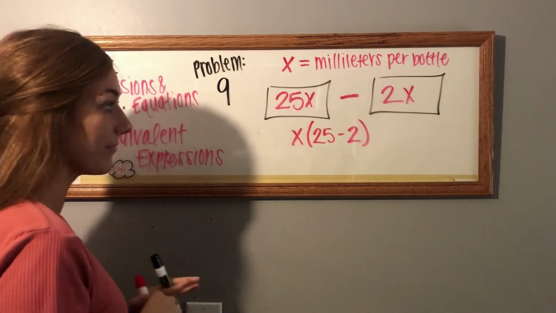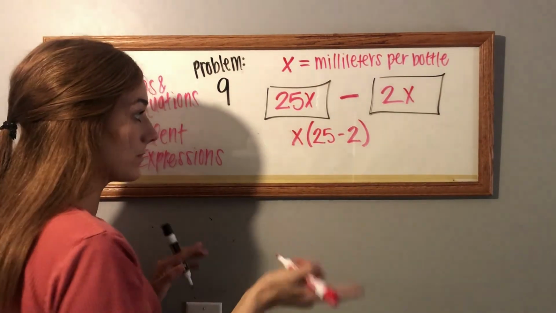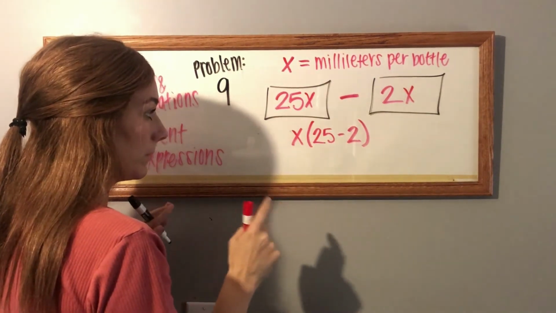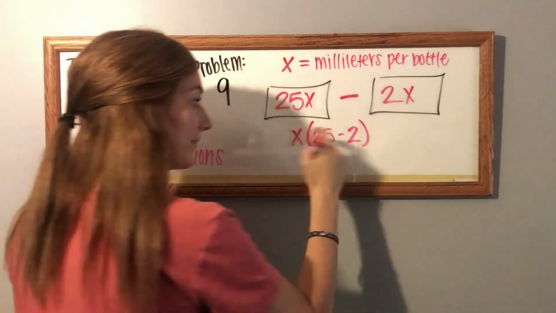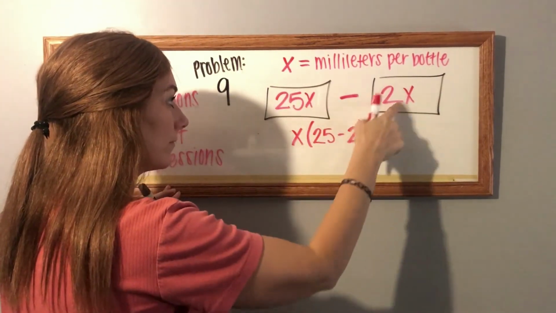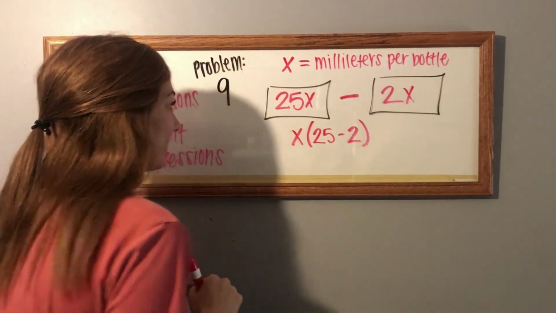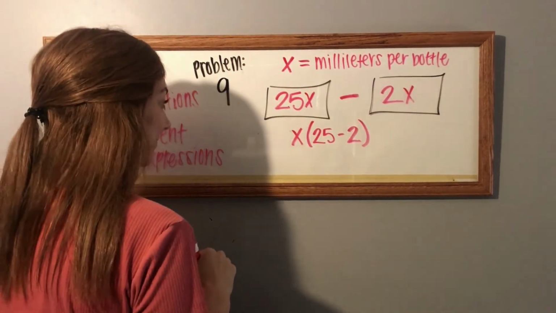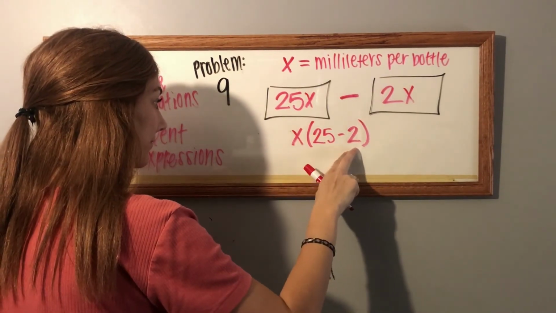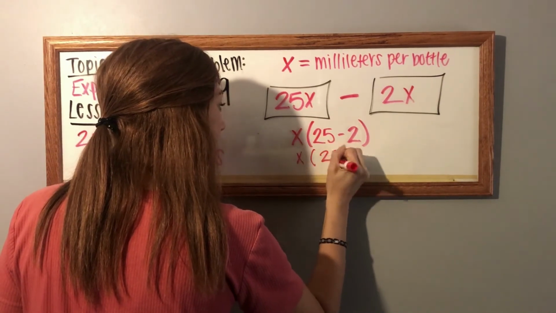So if I were to put this into the distributive property, I get x parenthesis 25 minus 2. And really quickly, if I wanted to check it, I would do x times 25, 25x, and x times minus 2, minus 2x. So I get 25x minus 2x, which is the same as my original problem, which means I can move on. So from here, I am going to do 25 minus 2, which is 23.